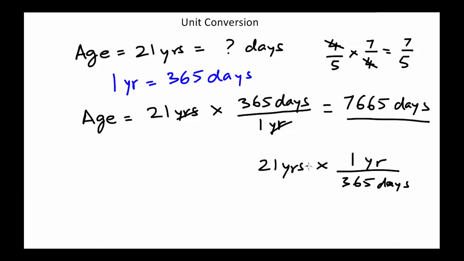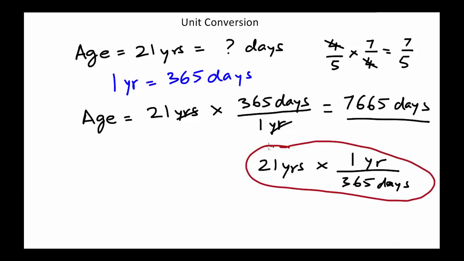But this is not very helpful. The year in the top and the year in the top will not cancel, so this way of writing the conversion factor will not work for us. So the useful way of writing the conversion factor is like we did here, such that the units we don't want cancel and the units we do want remain.